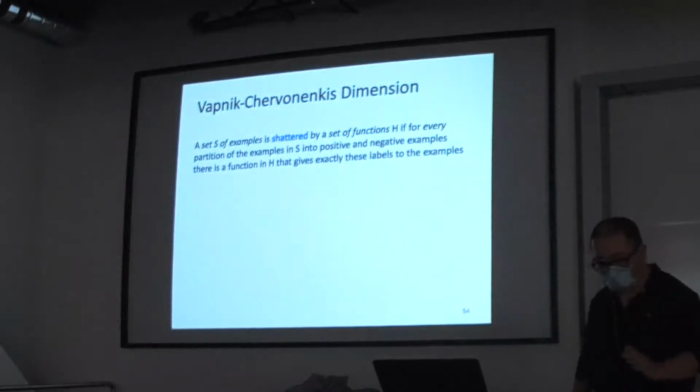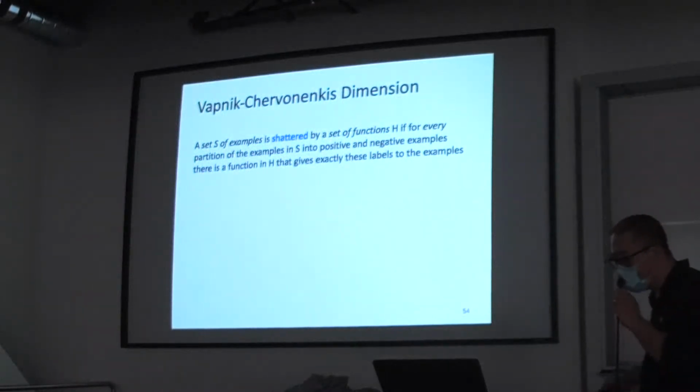So we say that our hypothesis space H can shatter this set of points S if for every possible partition of the points in S into positive and negative examples, we can find a corresponding function in H such that it can give exact prediction over those labels.